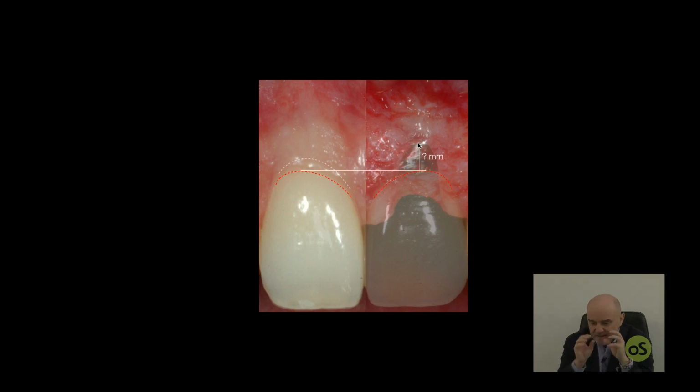And in this 3.5 millimeters of space, there is only soft tissue and not bone, because bone starts more apically, protecting the implant-supported crown from gingival recession. Because if we speak about gingival recession, so esthetic compromise of the implant-supported crown, we don't have to expect only the metallic exposure of the implant surface.